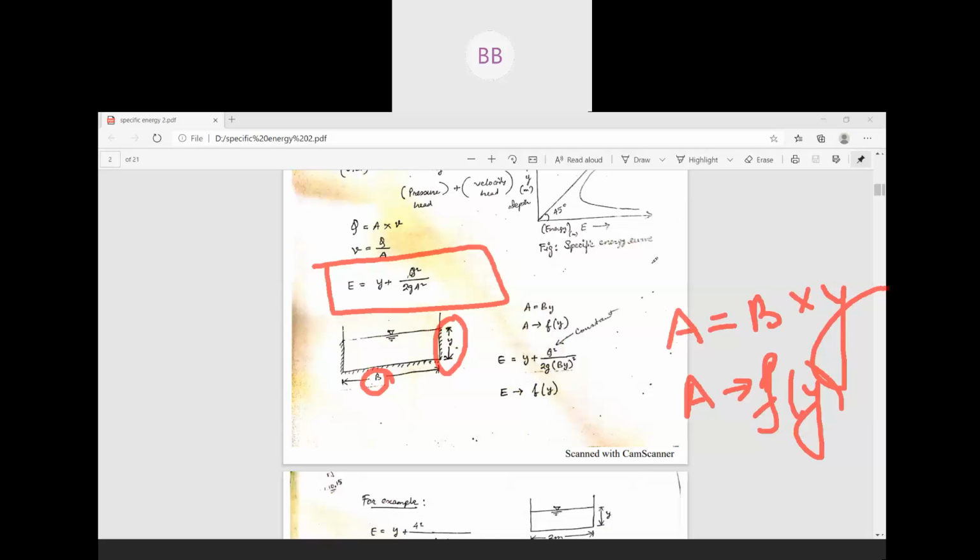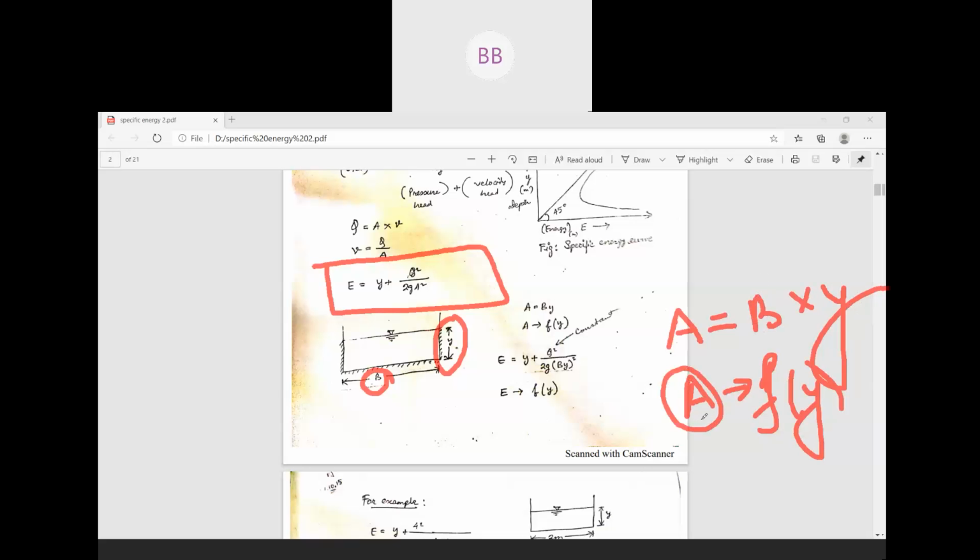If you change the discharge, your depth of flow will change, but the width of the channel remains the same. The width of the channel is a physical parameter; it is not a function of q. If you change the discharge, your depth will change, and once the depth changes, your area also changes in that particular channel.